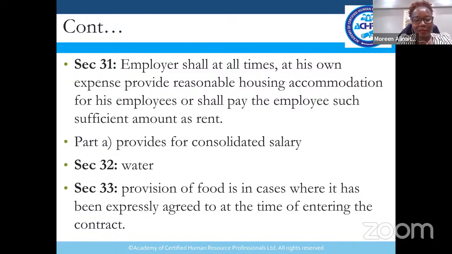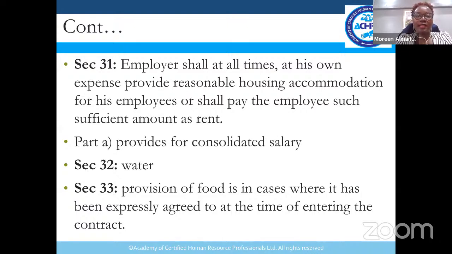So moving on swiftly, Part A says that this accommodation or housing can be provided for as a consolidated salary. What do we see happening in contracts? Most contracts will say you have been employed to do such work at this place, and you will be paid a consolidated salary of 100,000.